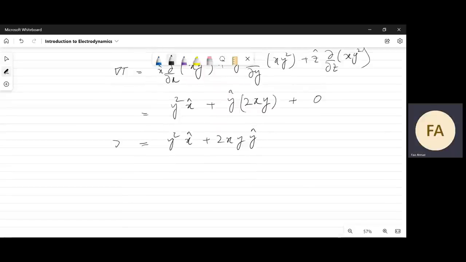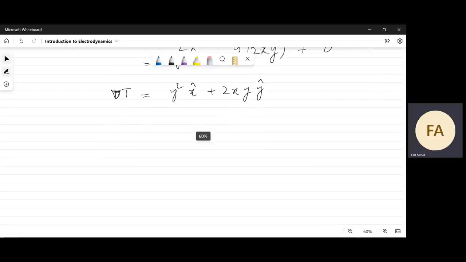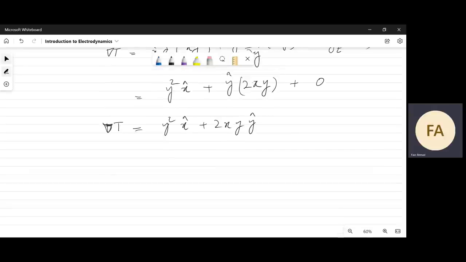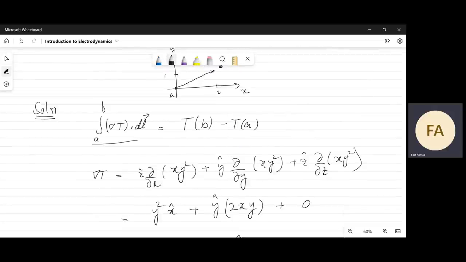So we need to find the line integral. To find the line integral, we have to consider the integration path. We can take the integration path first. Either we can go straight this way, or we can take this path.